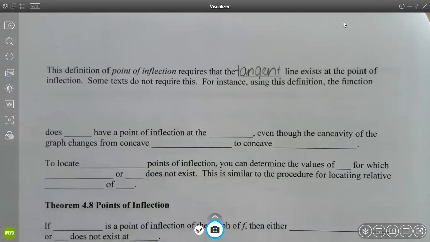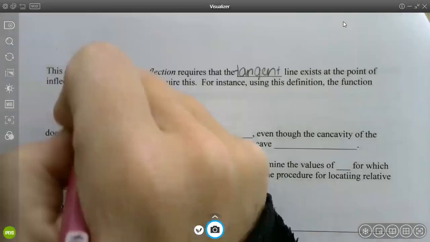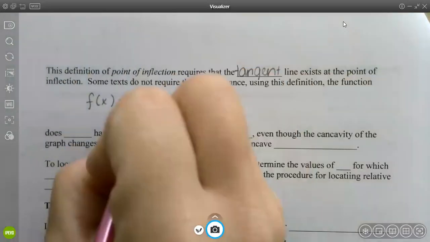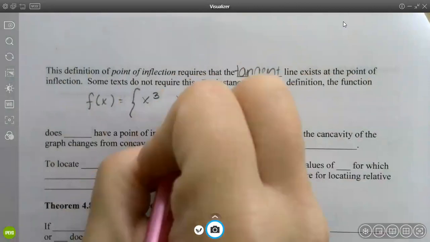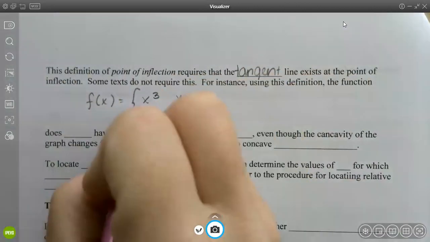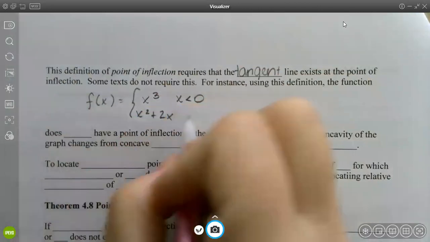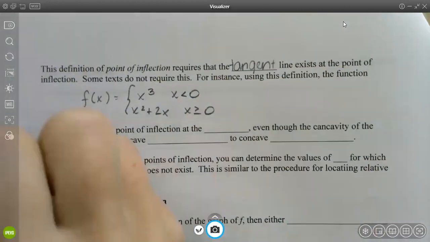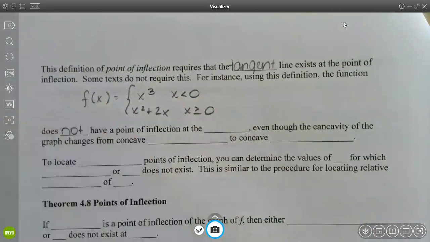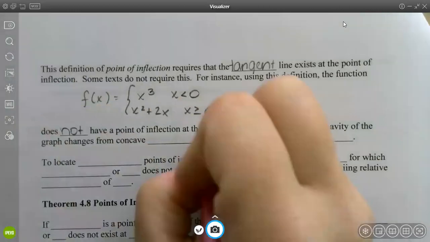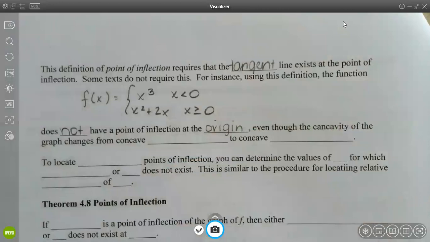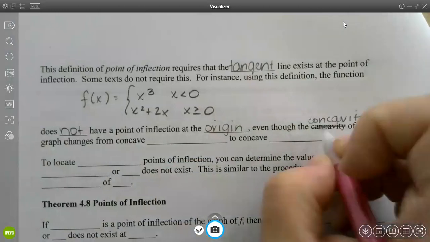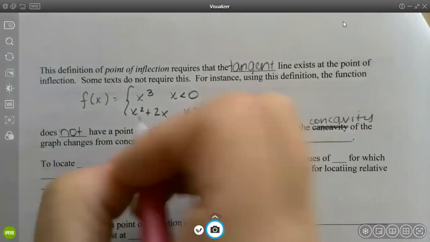For instance, using this definition, the function, which is a piecewise function, x to the third when x is less than 0, and x squared plus 2x when x is greater than or equal to 0, does not have a point of inflection at the origin, even though the concavity of the graph changes from concave downward to concave upward.